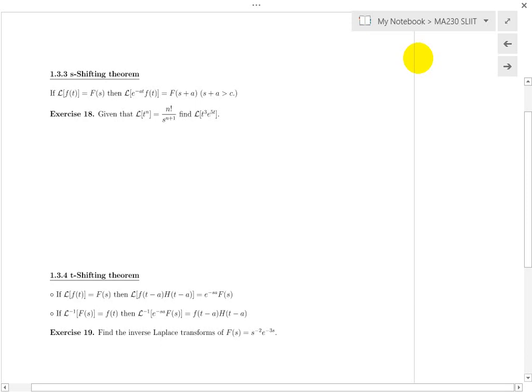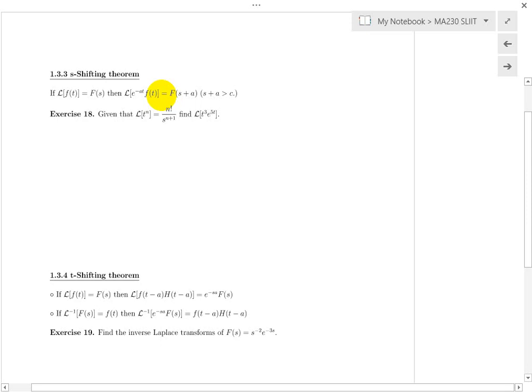What this s-shifting theorem tells us: if the given original function little f has Laplace transform capital F, and you see the original function multiplied by exponential minus at, then the Laplace transform will be shifted to the left by a.